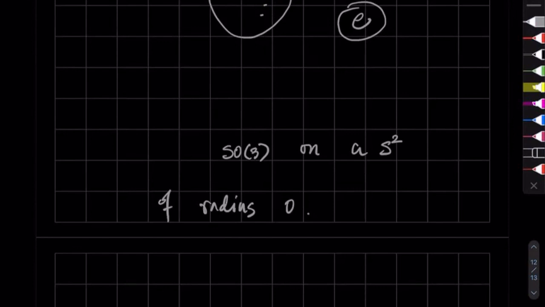It's kind of trivial, but it's an example of an action that is not effective, because all the elements of SO3, not just the identity, leave all the points of the manifold invariant. I could not come up with a better example. I looked around, but I'm sure there is one.